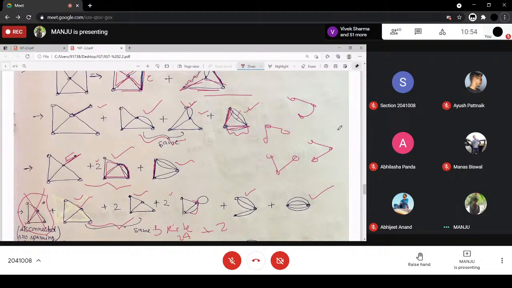And what else? This one. And for this one, how many? There are 5 for this one. 5 into 2, 10, and 24 of this type. How many exist for this one?